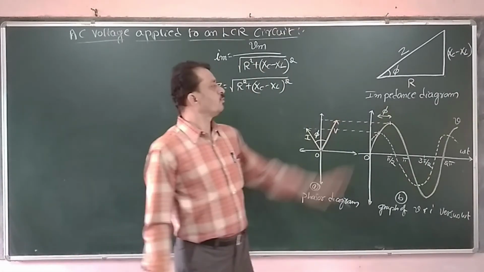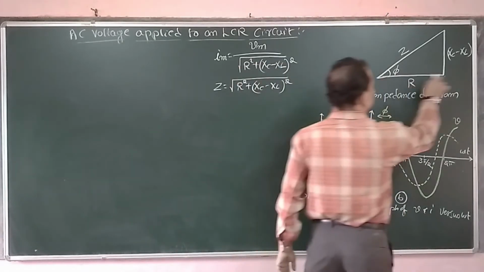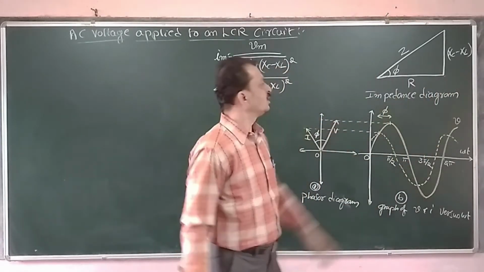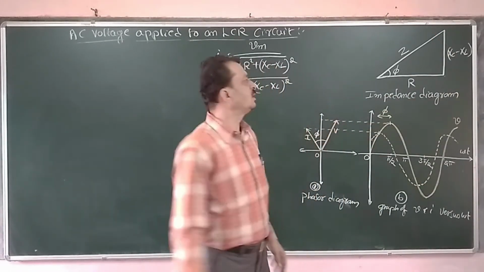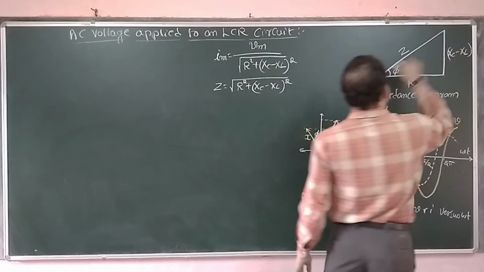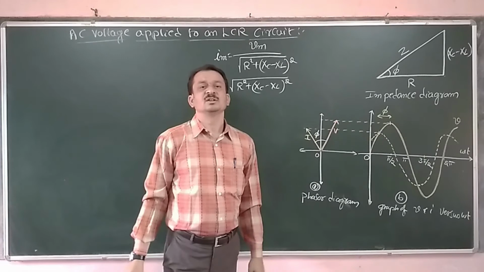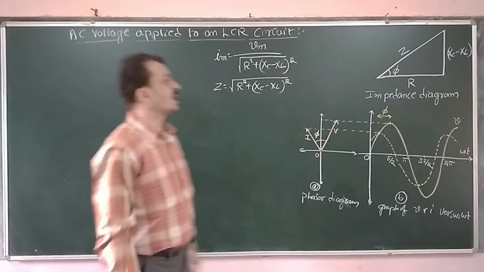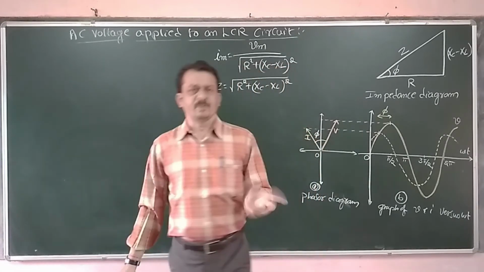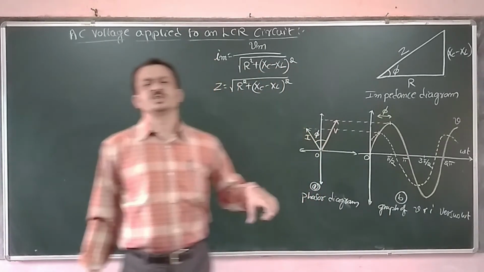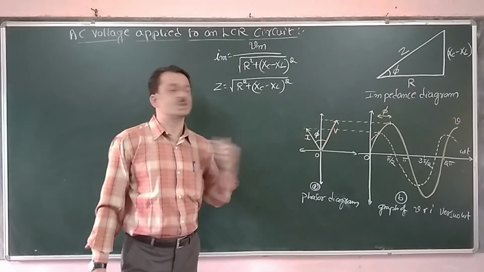With that we get the impedance diagram. Along this one we have taken the resistor, and along this direction Xc minus XL. Therefore the diagonal of this right-angled triangle represents the total impedance. Obviously phi is the phase angle between the applied voltage and the current flowing through that LCR circuit.